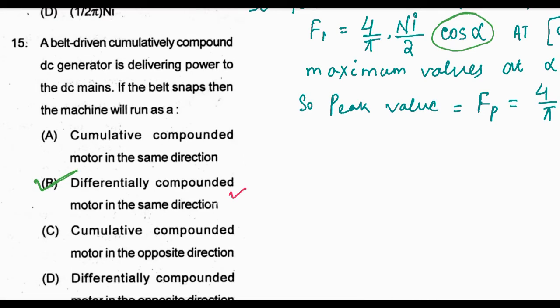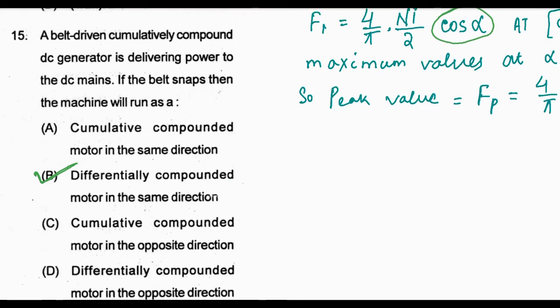If the belt snaps, then the machine, in case of differential compounding, speed N is directly proportional to EB by phi, and in case of differential compound, phi SH minus phi SE. And when the belt snaps, what will happen?